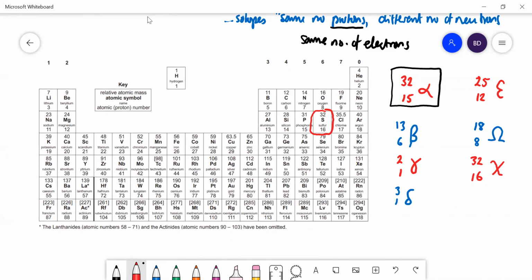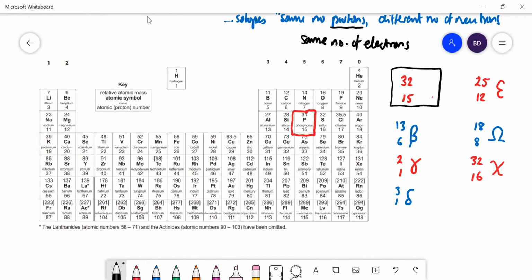What makes an element different to another element is not the mass number, it is the number of protons. And the number of protons in this thing we've got here is 15. So you can see what we've actually got is phosphorus. So how come this one I've called alpha, I'm going to change to phosphorus.